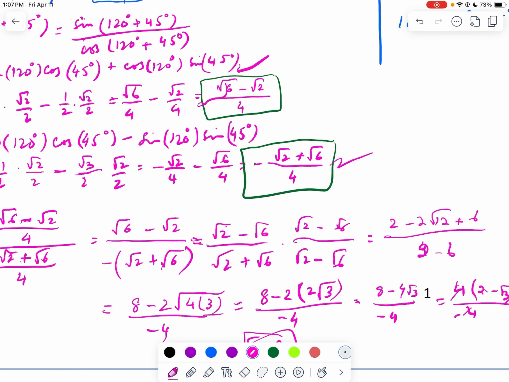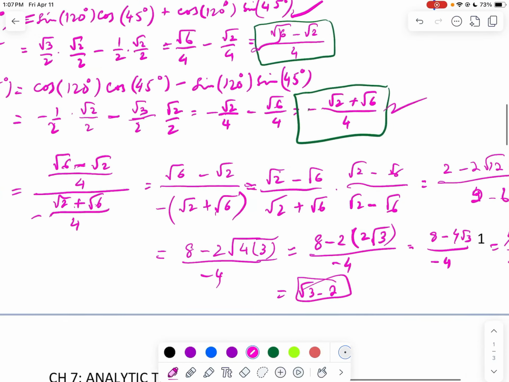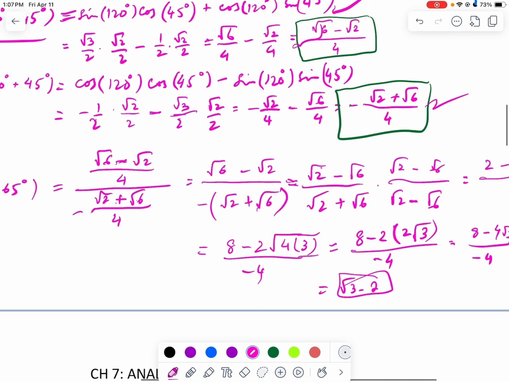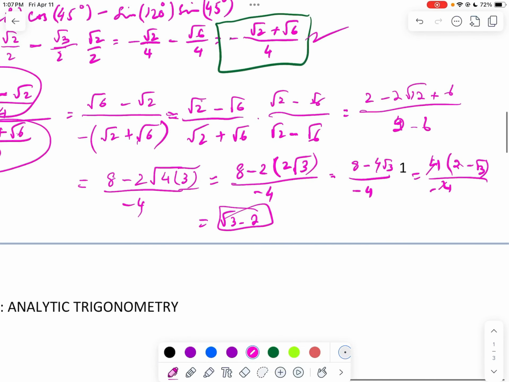Now for tangent, we divide the two, and you can see that it is a division of these two fractions, this fraction and the fraction at the bottom. So when you flip the bottom one, the 4 and the 4 get cancelled and we get square root of 6 minus square root of 2 in the numerator and negative of square root of 2 plus square root of 6 at the bottom.